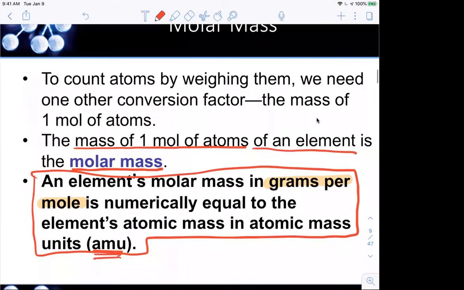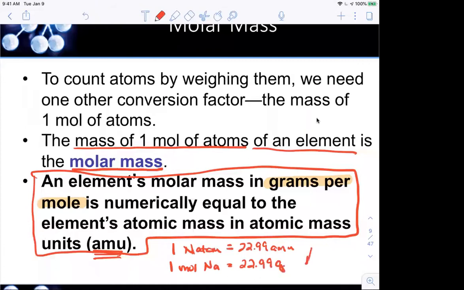So if I have 1 sodium atom, if I look on the periodic table, 1 sodium atom is going to be 22.99 AMU. 1 mole of sodium is going to have a mass of 22.99 grams.